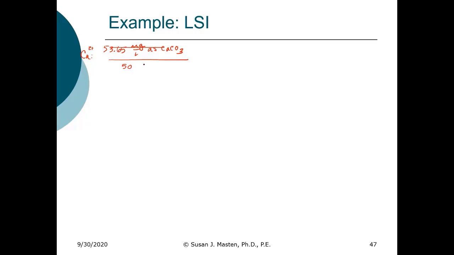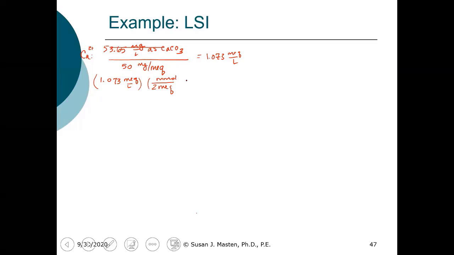So the equivalent weight of calcium carbonate is 50 milligrams per milliequivalent. So we have 1.073 milliequivalents per liter. We have 2 milliequivalents per millimole for calcium, and that gives us 0.5365 millimoles per liter.